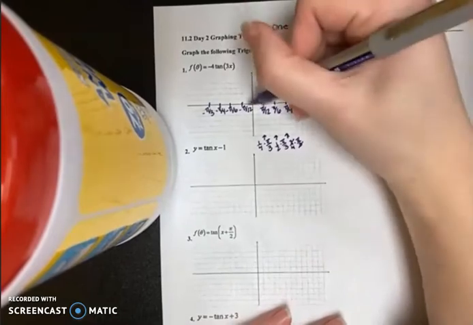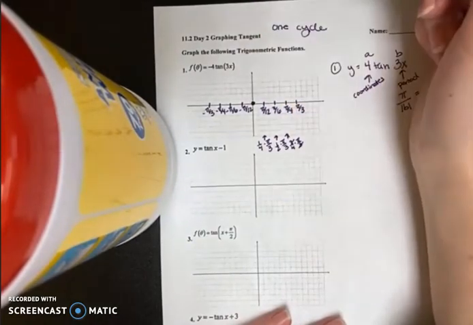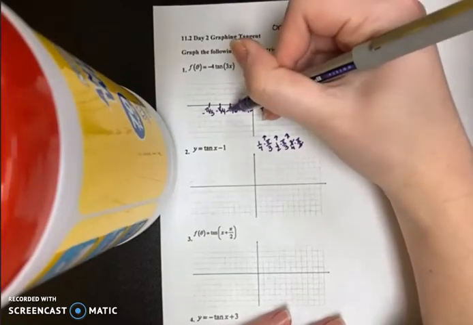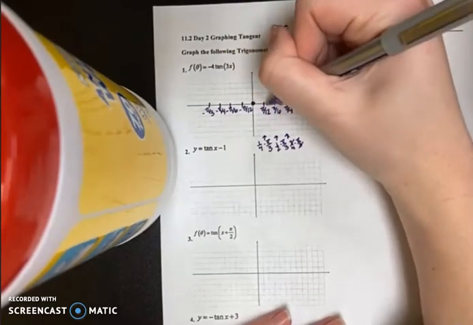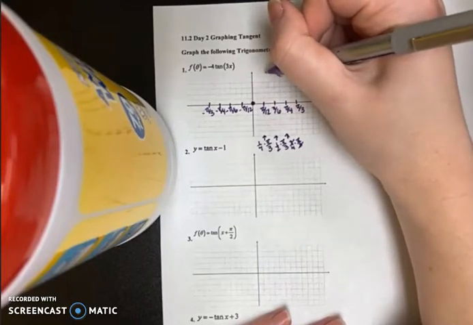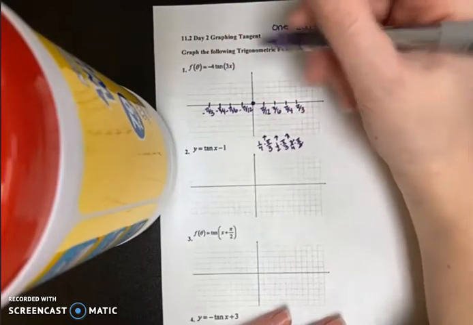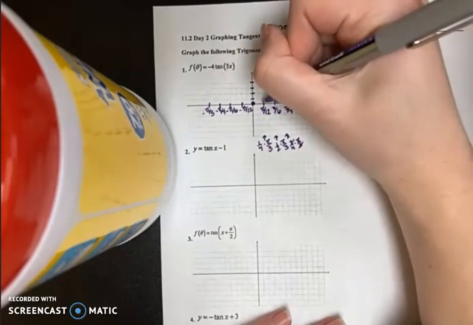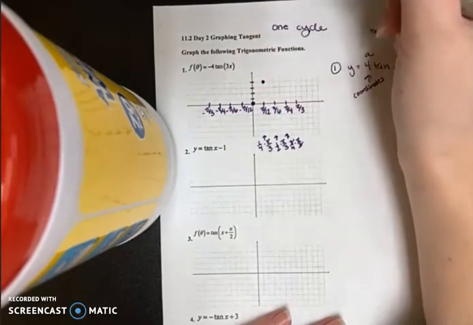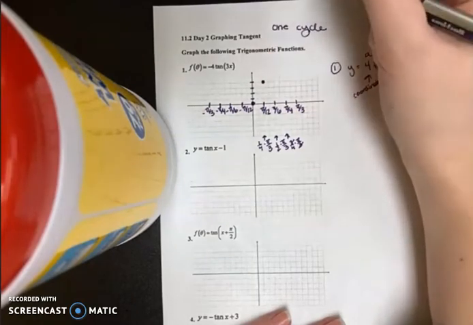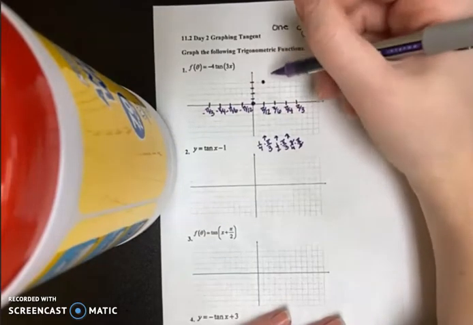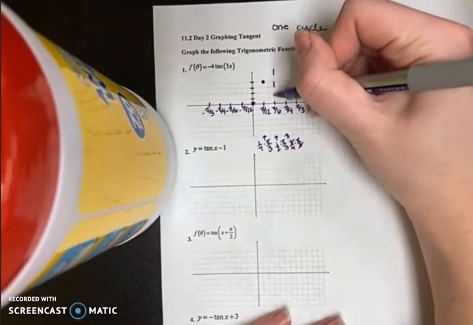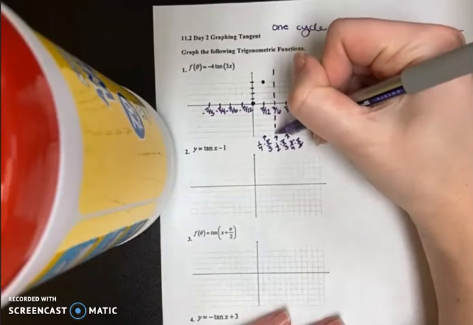And as I mentioned, I do the cycle where it starts at the origin, and I'm going to move right half the cycle and left half the cycle. So as I move right, I'm going to move up whatever the a value was. Because a is 4, I'm going to use a scale of 1. So it would be right here. I moved right 1, up 4 units. And then after the coordinate, the pattern says there's going to be an asymptote at the next tally mark.